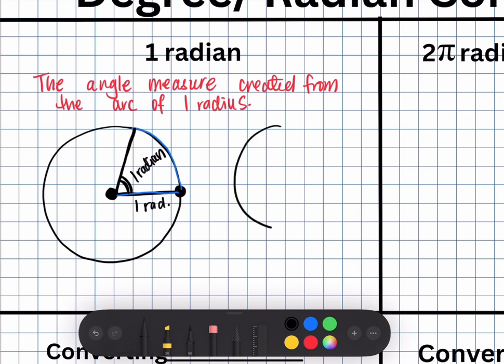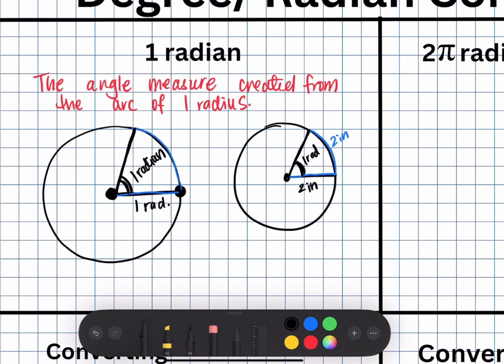Let's say, for example, I have a circle and the radius is 2 inches. Then I would need to measure 2 inches out here. And that would create exactly 1 radian. The angle inside is 1 radian.